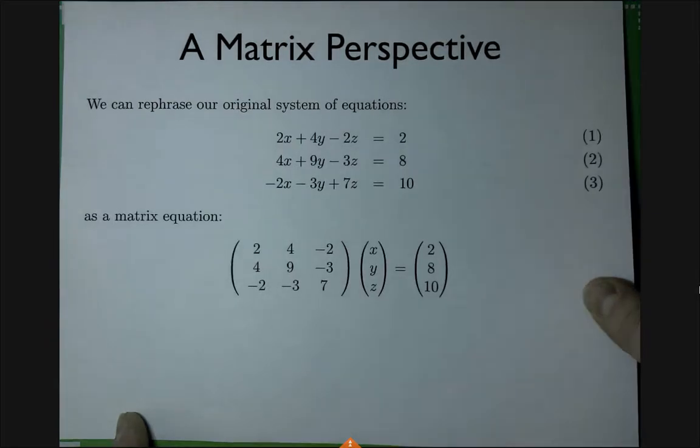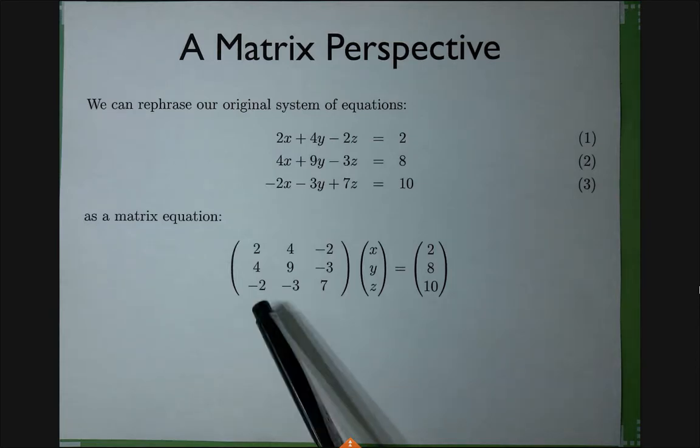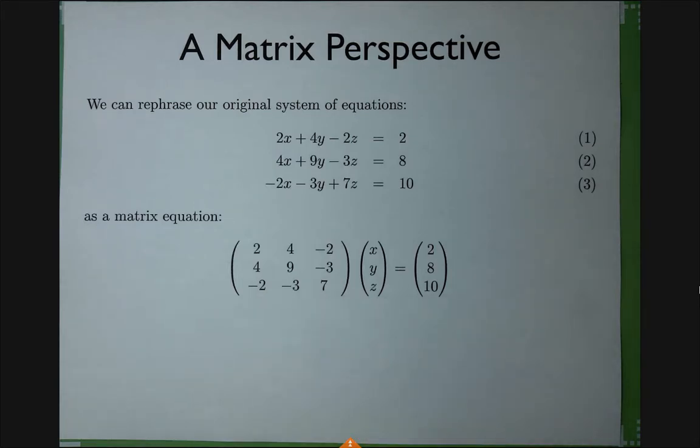Okay, so let's now put it into matrix perspective. That's where it starts getting more linear algebraic, or matrixy, because we have all this nice theory of matrices, and we know about matrix vector multiplication, and the process of Gaussian elimination can be phrased beautifully in the language of matrices.